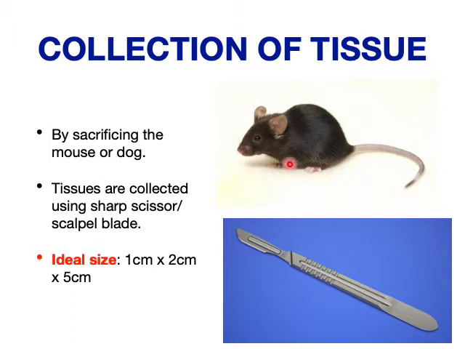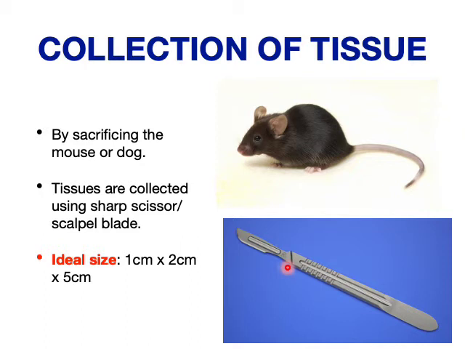So how will we collect the tissues? By sacrificing a mouse or dog, anesthetizing the animal and then dissecting it for obtaining various organs for histological processing, with the help of sharp scissors or scalpel blade and untoothed forceps.